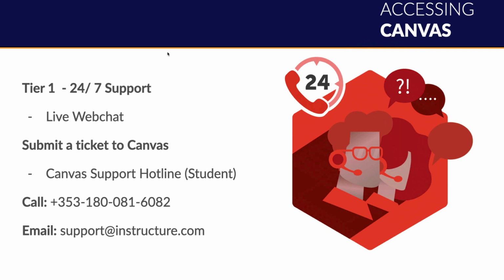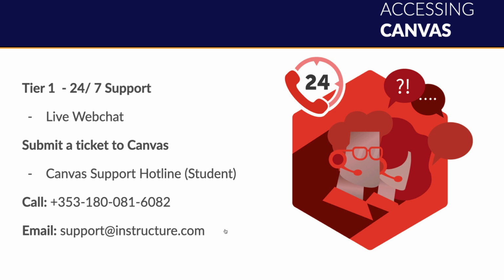This is a tier 1 support option which we have access to, and it's got a live web chat which is really, really useful. If it's out of hours and you just need help with something, your assignment isn't working and you don't know why, you can use that live web chat. I find that's the most effective way actually, or I find it most useful for me at least. You can submit a ticket to Canvas, or you can call them, email them.